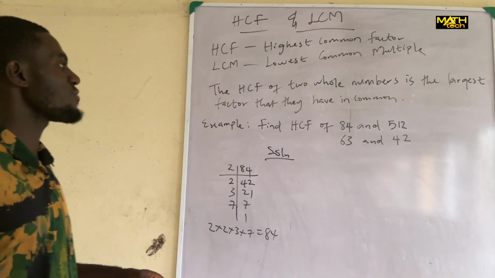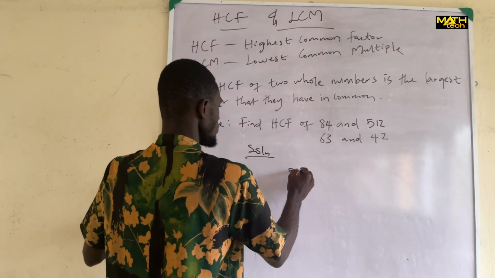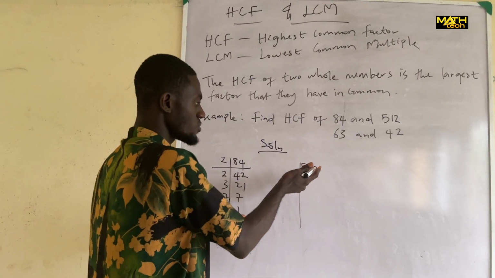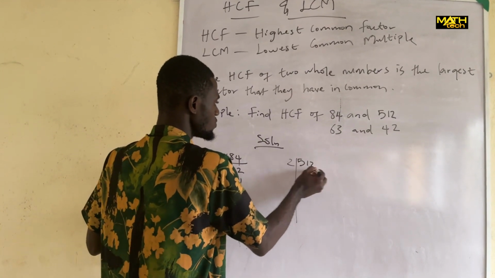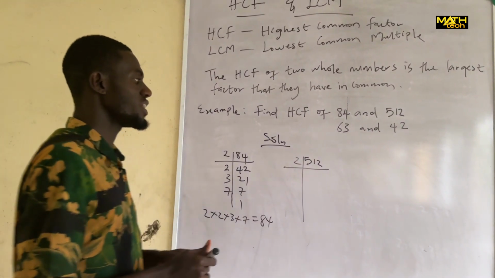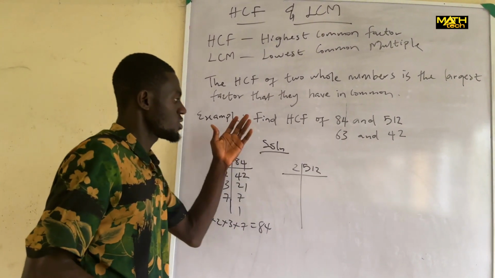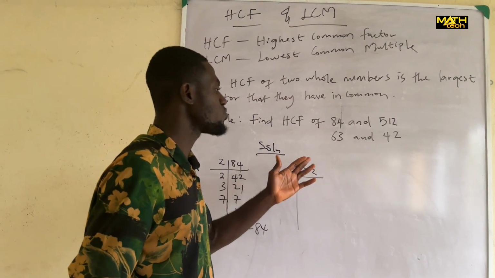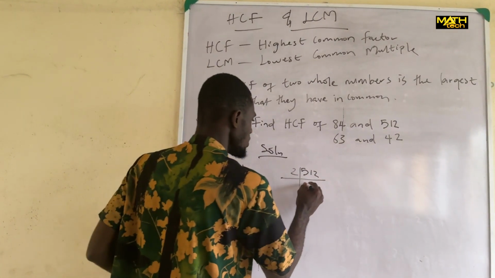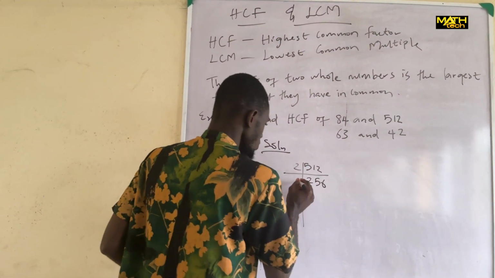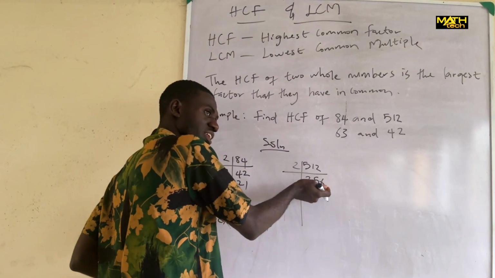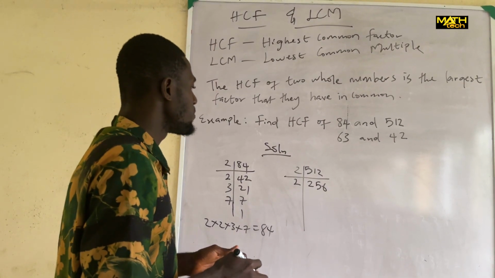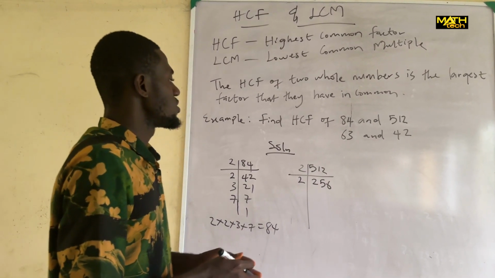So now let's go for 512. The prime factor we can use first to begin the division is 2. 512 divided by 2 will give us 256. 2 can still go because it's an even number. 256 divided by 2 gives 128.